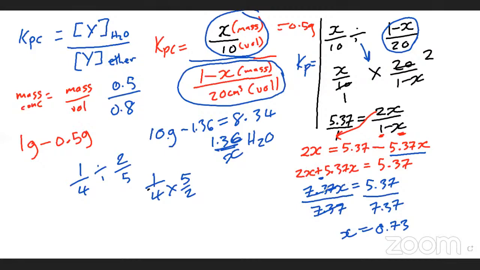You want x. So whatever number is here in any future question, you divide it by 7.37. And whatever you do to one side of an equation, you also have to do to the next side. So we divide both sides by whatever number is over here.